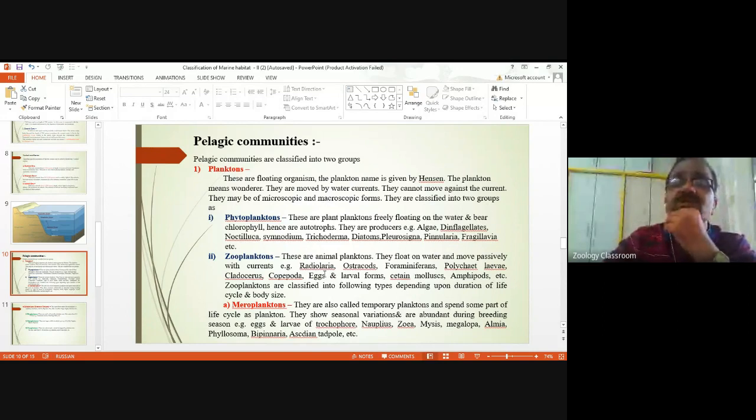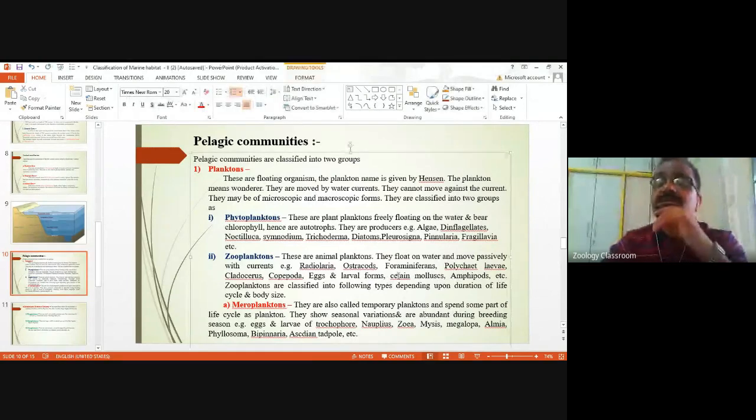The zooplanktons include radiolaria, protozoans with a reinforced body covered with calcareous shells, ostracods, foraminiferans, polychaetes, different larvae, cladocerans, copepods, eggs and larval forms of other animals, certain tiny mollusks, amphipods, etc.